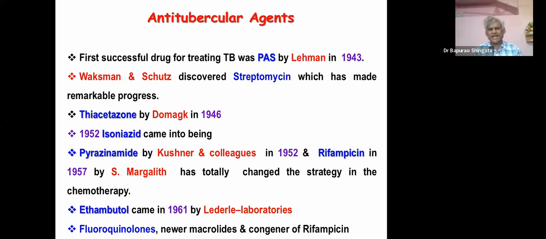Then in the year 1952, pyrazinamide, again a small drug, and rifampicin in the year 1957 totally changed the strategy in the chemotherapy of tuberculosis.